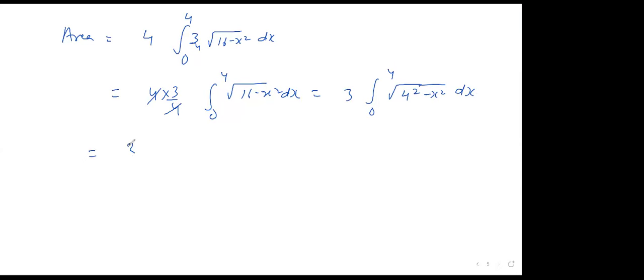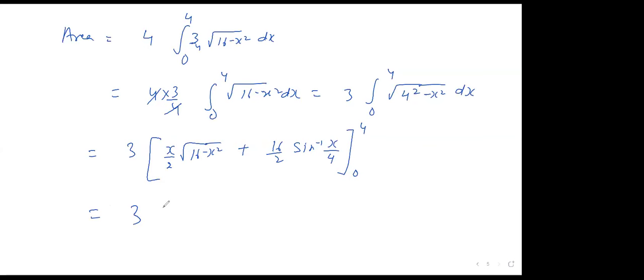So we have 3 times x over 2 root of 16 minus x square plus a square over 2, that is 4 square over 2, that is 16 over 2, sine inverse x over a, where a is 4, and the limit is from 0 to 4.